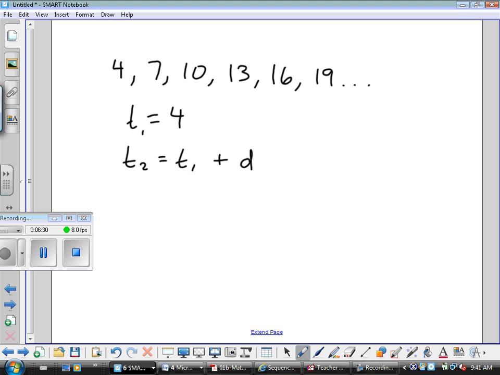So in this case, we get 7 by taking 4 and adding 3. The third term, you could say that you take the second term and add the common difference, or you could take the first term and add the common difference twice.